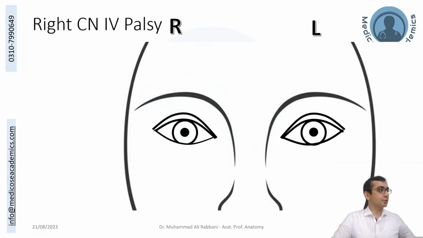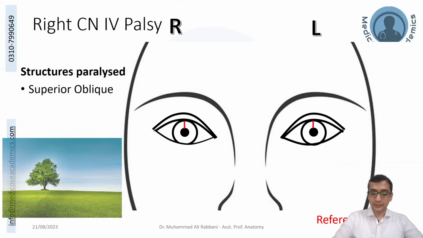Let us ask the nice lady to help us with the functions and the palsies again. So let us talk about the superior oblique, and especially let's talk about its function of intorsion. So I have drawn these red lines. These are the reference lines that are showing the position of the eyeball.